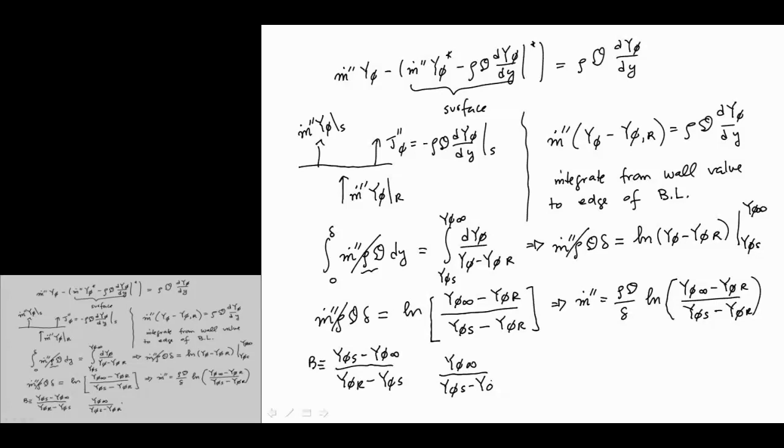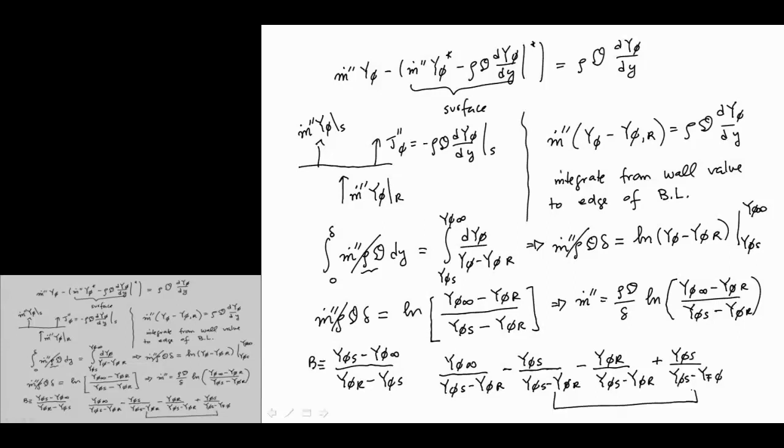So I'm going to do this minus y phi s over the same quantity. Now, I can't forget about my original y phi r, and I add this additional y phi s. So I added and subtracted this term, okay?